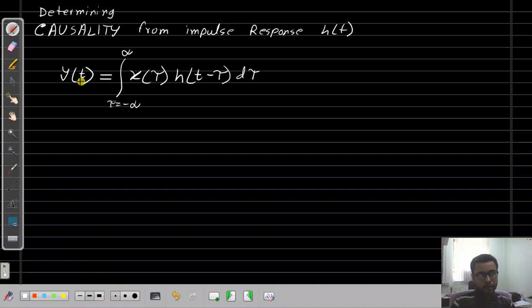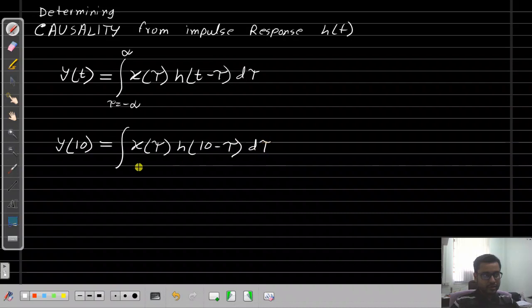Now to calculate the output at any particular time, for example at t equal to 10 seconds, this is given as integral of x(tau) h(10 minus tau) d tau, with tau running from minus infinity to plus infinity.